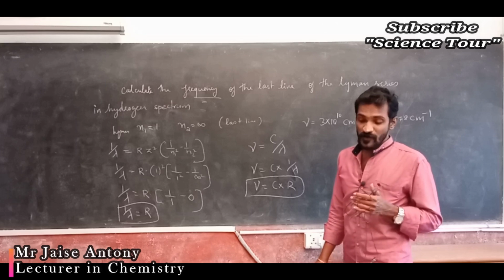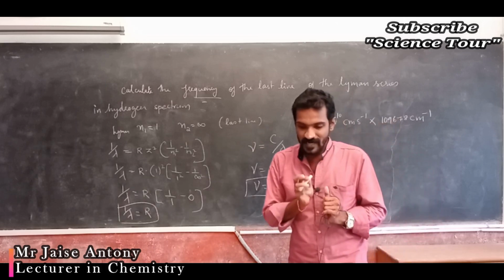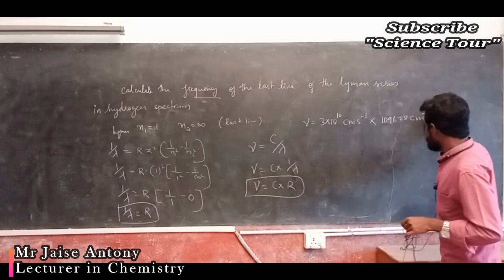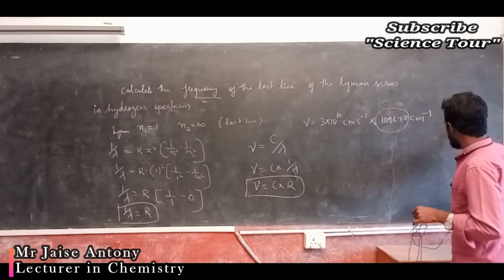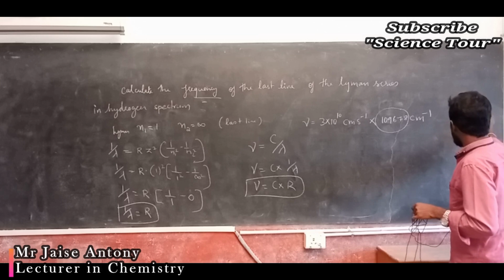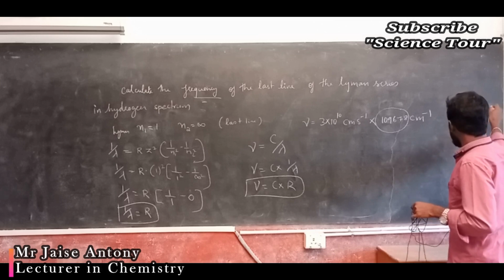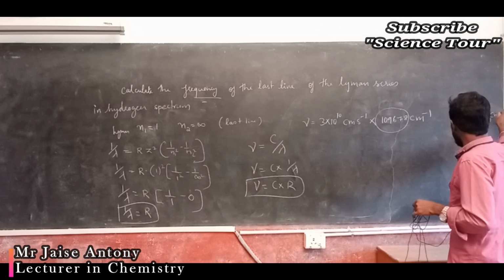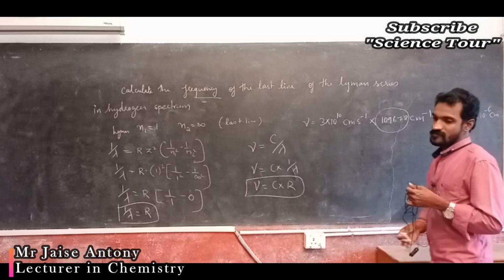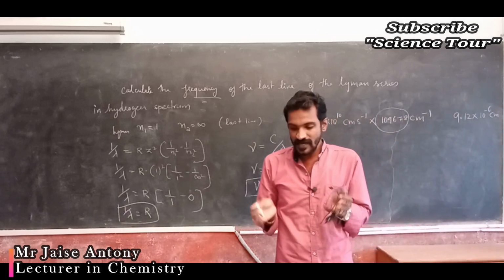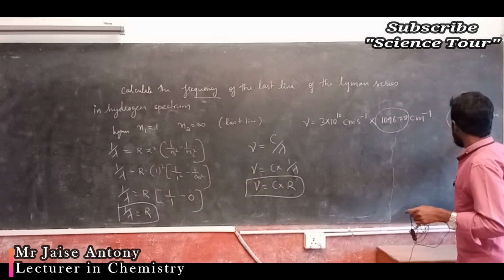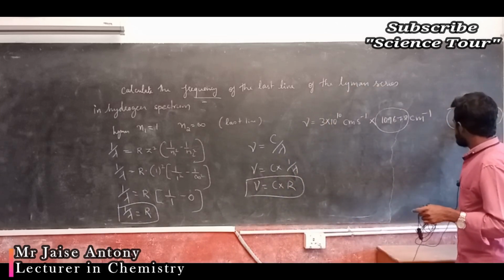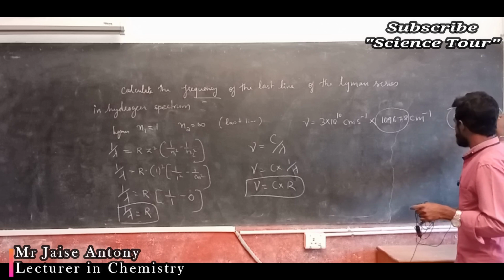If you are writing in centimeter, it is 9.12 into 10 to the power minus 6 centimeter.